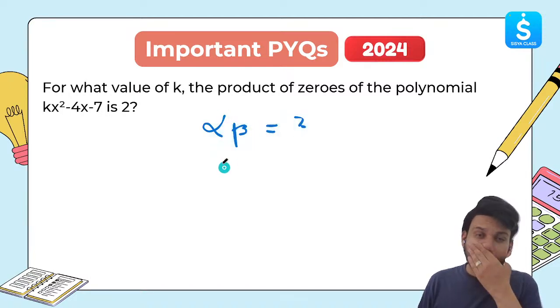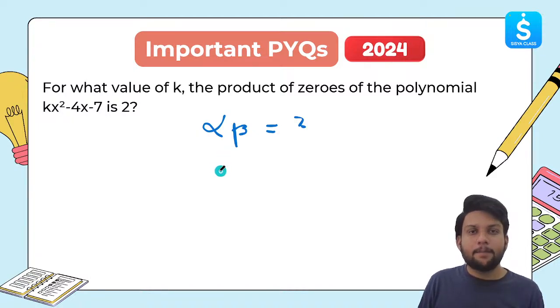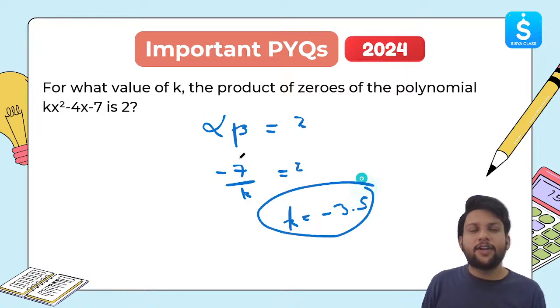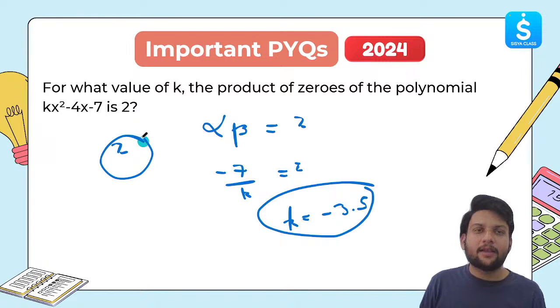What is alpha beta? c by a, that is minus 7 over k equals 2. I will take 2 here, k here. I will get k as minus 3.5. Again, this question came in 2024, 2 marks in your bag.